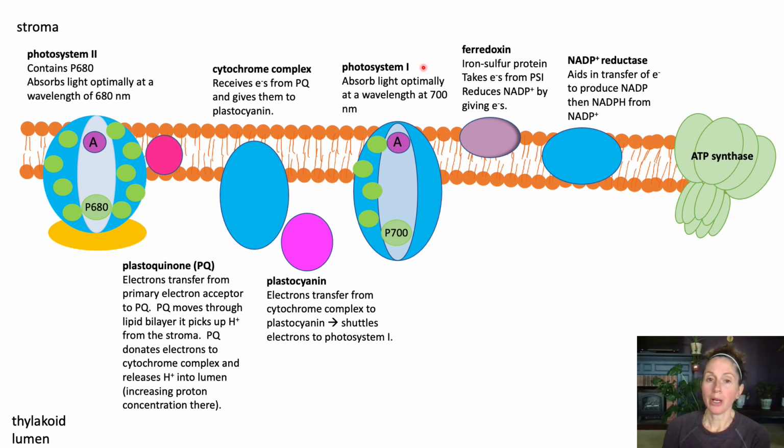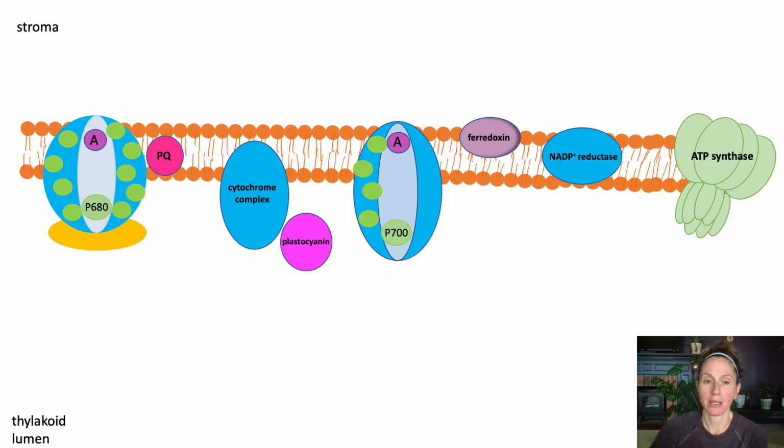And so this NADP plus reductase is going to take 2 electrons to reduce NADP plus to NADPH. And we know that ATP synthase is going to help produce ATP through chemiosmosis.